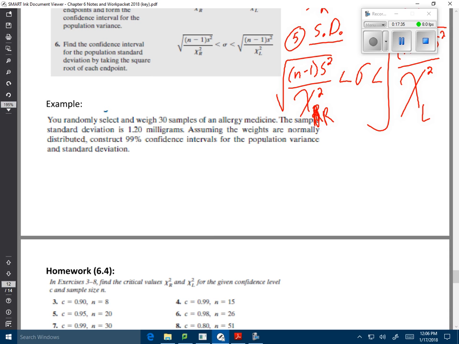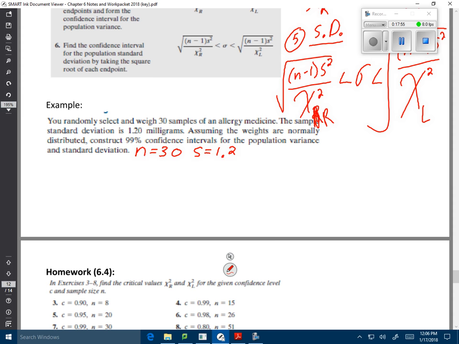It says you randomly select and weigh 30 samples. You know your n is 30. It says the sample standard deviation is 1.2. So if I square that, I get 1.44. Confidence interval for 0.99, that's 99%.